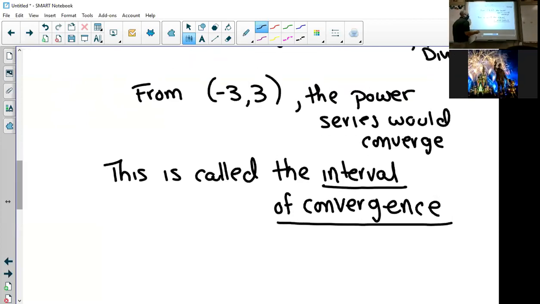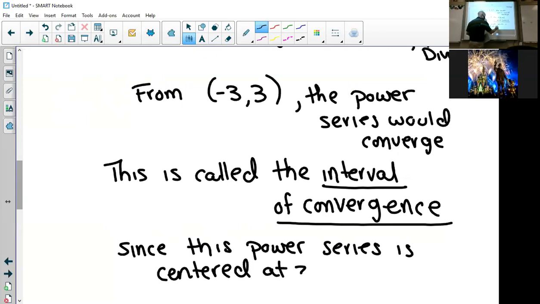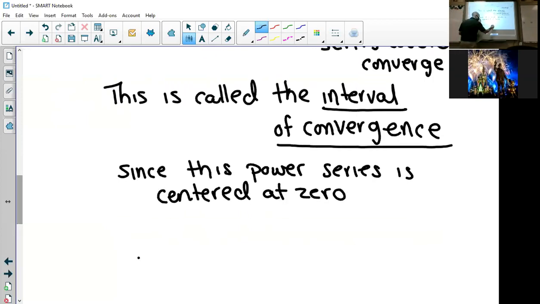Since this particular one is centered at 0, we think of that on a number line.